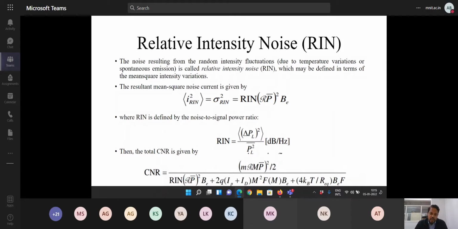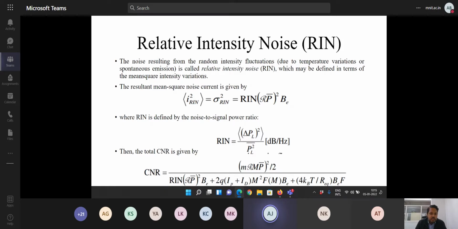So PL is the power which is incident on the photodiode. It represents the light in terms of the power, in terms of the intensity of light. So whatever fluctuations in the intensity of light, that is put in the form of a ratio, and this is RIN.